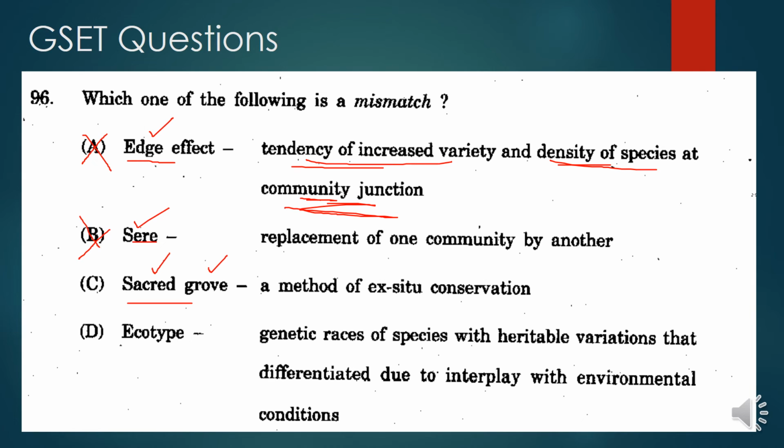And in Gujarat also, there are 42 such sacred groves. Most of them are either shrubland or mangroves, and these mangrove areas are not getting deforested because of being tagged as a sacred grove. So they are protected in that way.